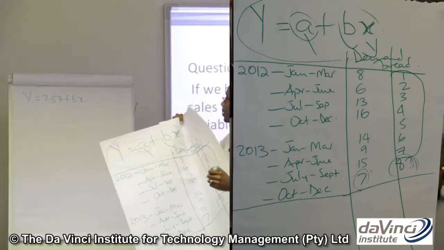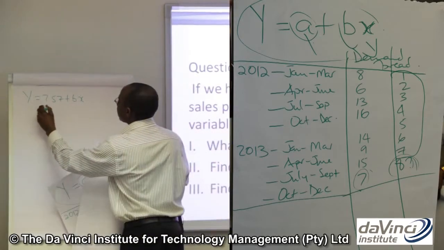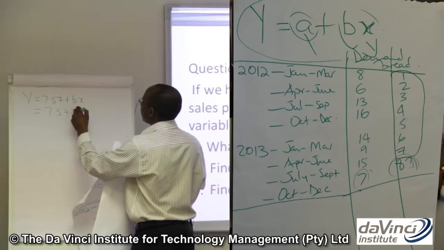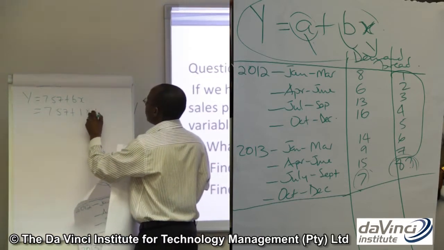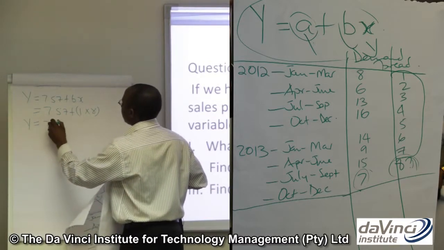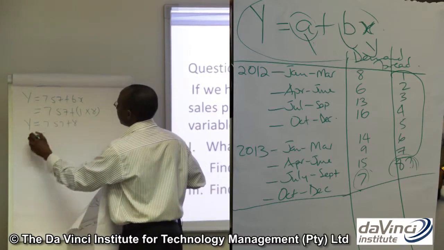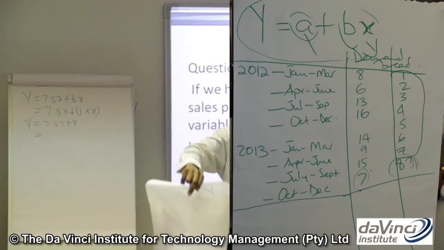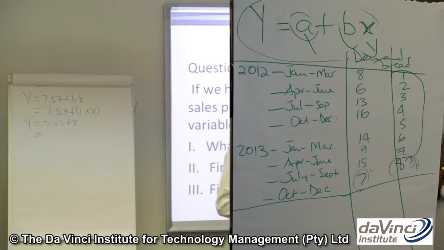So we substitute it: 7.57 plus b, which is 1, times 8. 7.57 plus 8. And what do we get? 15.57.